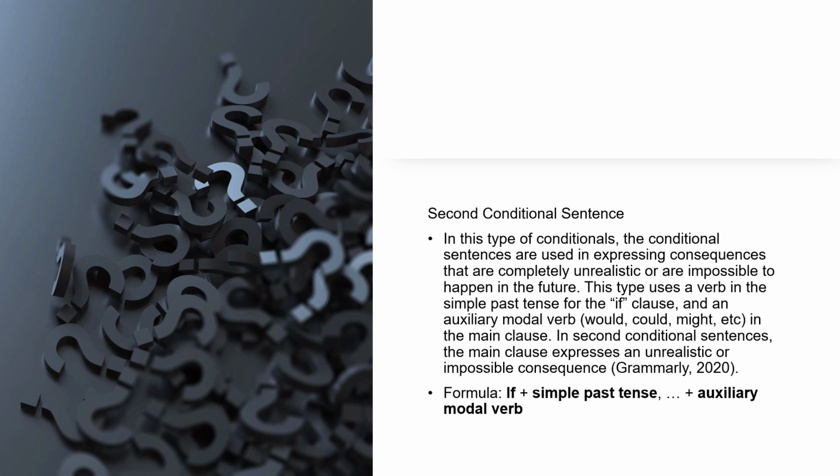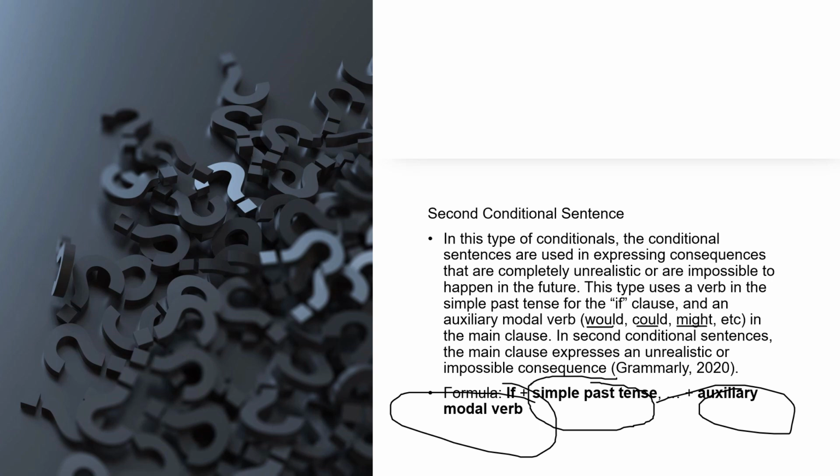The third one is second conditional sentence. In this type of conditionals, the conditional sentences are used in expressing consequences that are completely unrealistic or impossible to happen in the future. This type uses a verb in the simple past tense here, simple past tense for the if clause and an auxiliary modal verb, which are the following: would, could, might, you name it, in the main clause.